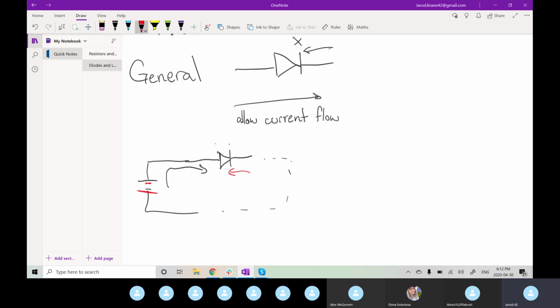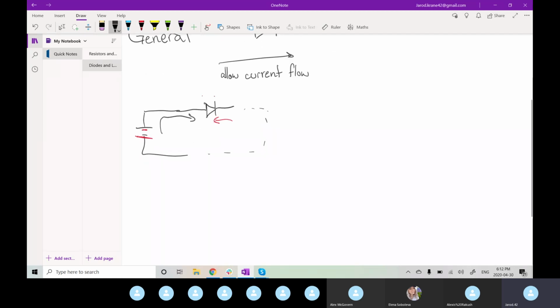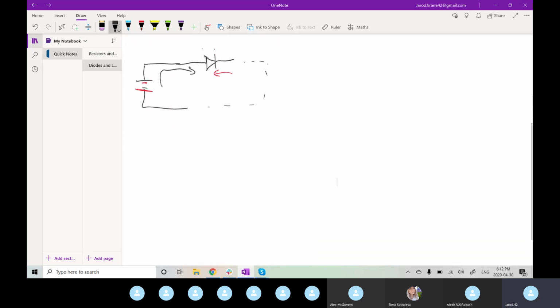Now the general characteristics of a diode are that they cause a voltage drop, or they have a forward voltage, a turn-on voltage.